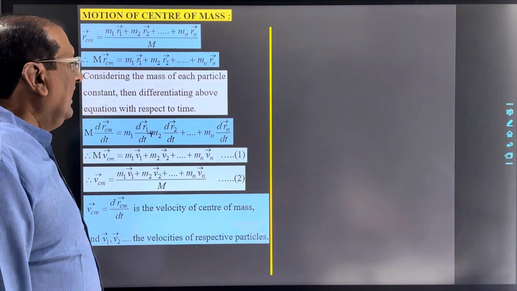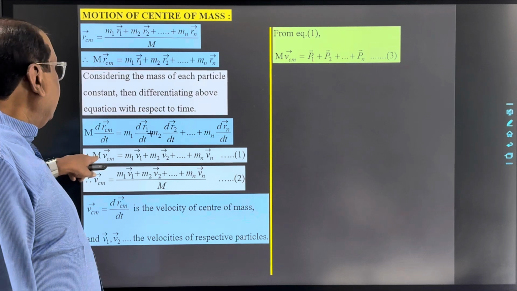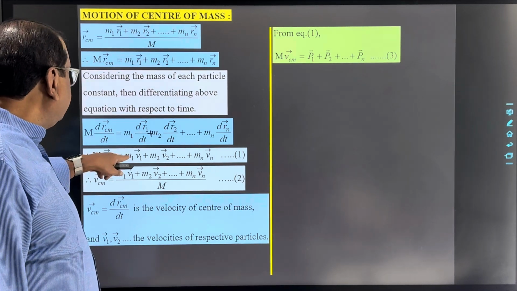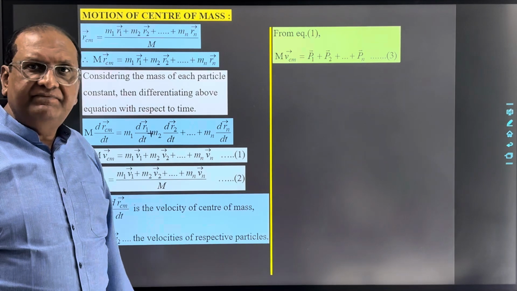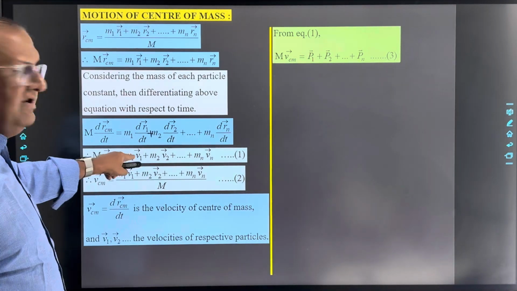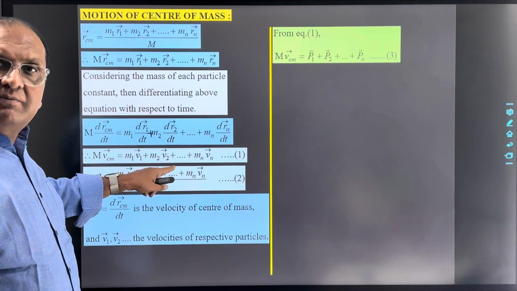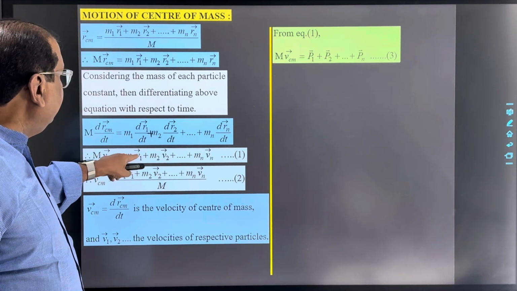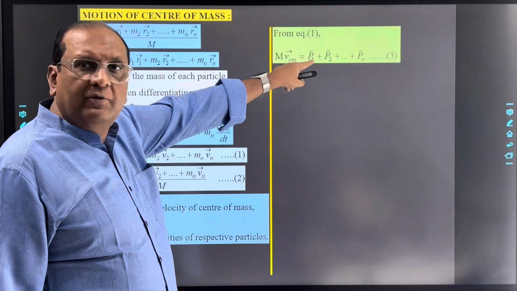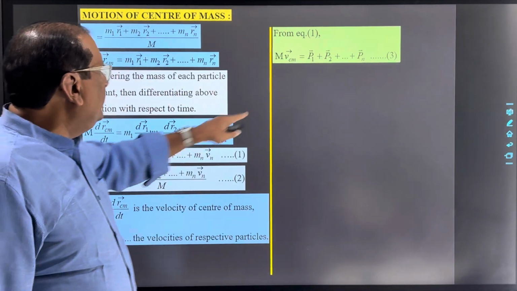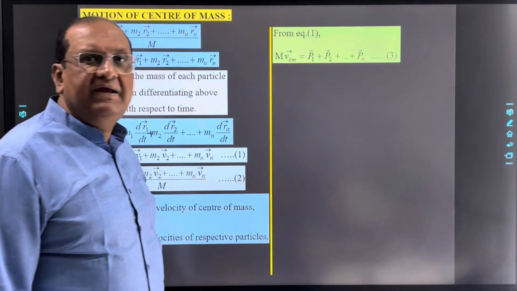Okay, now from this equation M V_CM = M1V1 + M2V2 + ... + MnVn, we can write M1V1, mass times velocity, that is linear momentum. So M1V1 is the linear momentum of particle 1, P1; M2V2 is P2, up to MnVn, that is Pn.